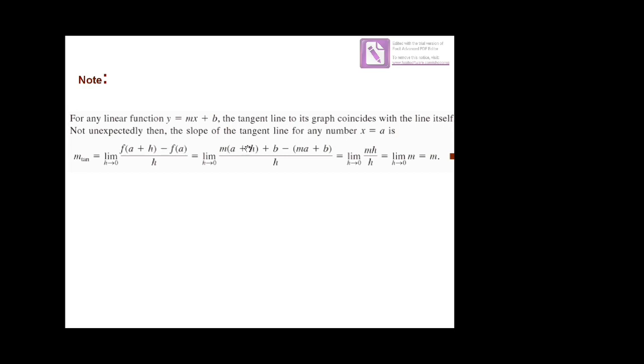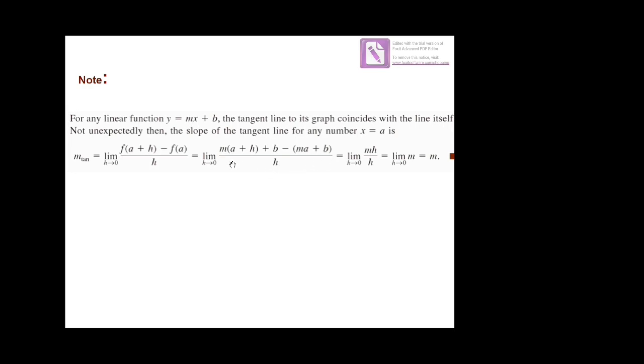Then the slope of the tangent line for any number x equals a is given by m tangent equals the limit of f(a+h) minus f(a) over h when h approaches 0. Your function f is mx plus b, so you replace x by a+h. This will be m multiplied by (a+h) plus b, minus f(a), where you replace x by a, so it will be ma plus b, divided by h.